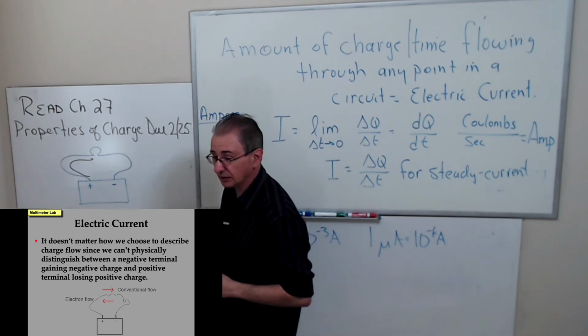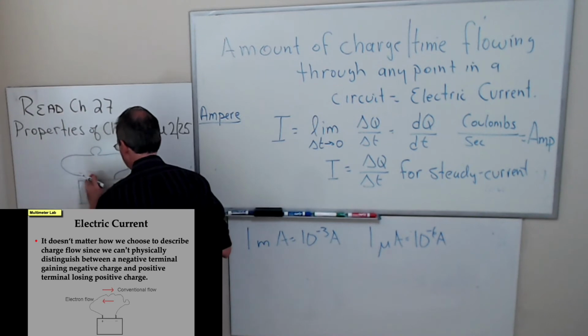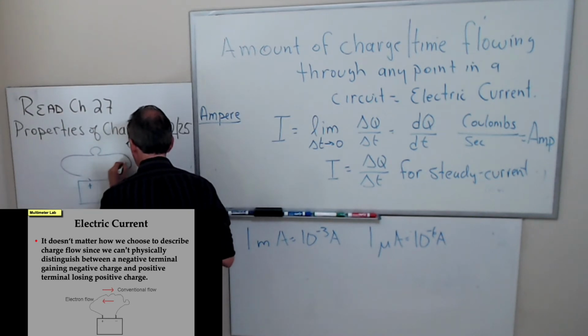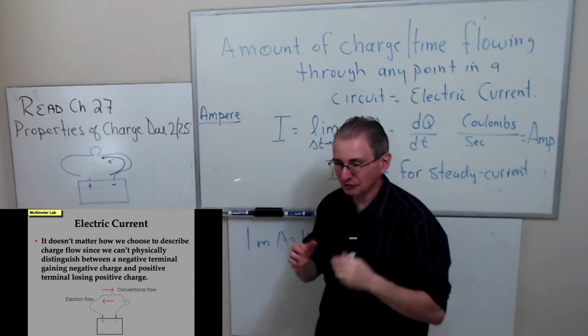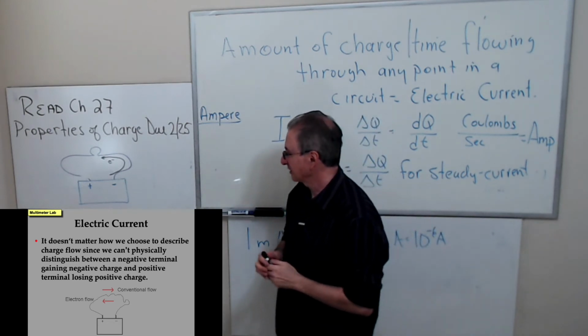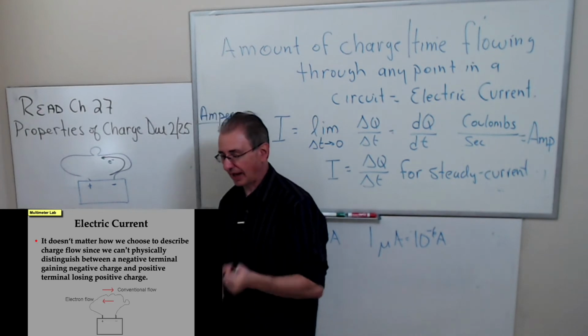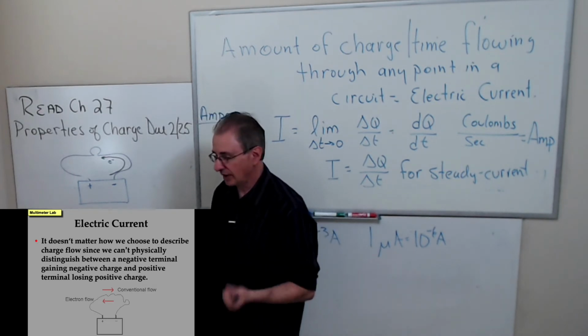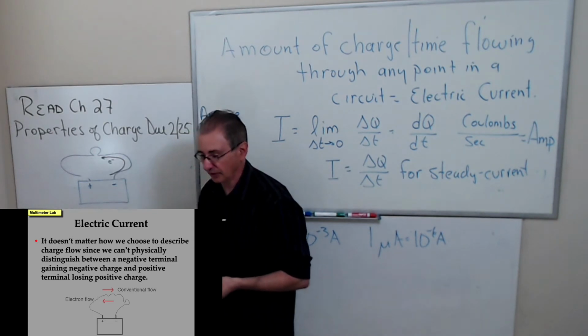It wasn't until later that it was discovered that really it's the electrons that are flowing in the other direction, because only the electrons can move, the positive charge can't move in the material. So it's the electrons that are flowing in the circuit. However, when you analyze a circuit, it really doesn't matter whether you say positive charge is moving or negative charge is moving. It makes no difference.